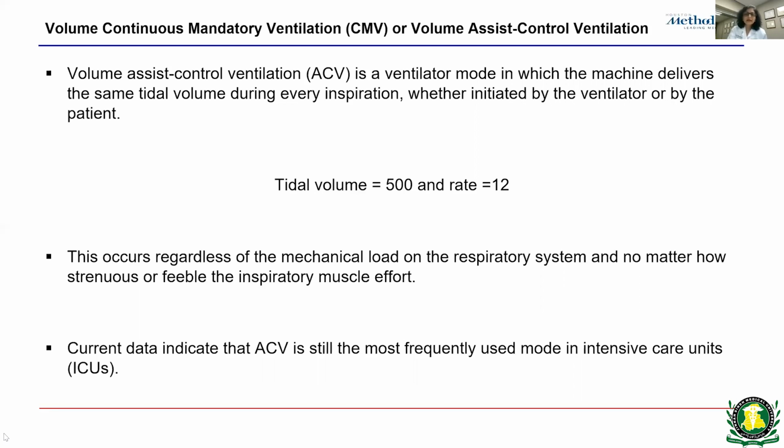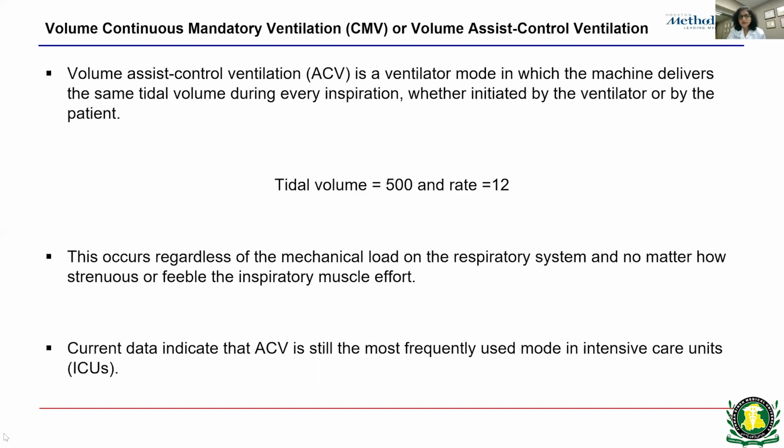So let's say we set the tidal volume at 500 and a rate of 12. If the patient was completely passive, then the ventilator would give 500 cc tidal volume every 5 seconds. But if the patient was to breathe over the ventilator, then the ventilator would sense that the patient wants to take the breath and would give the full 500 cc tidal volume.